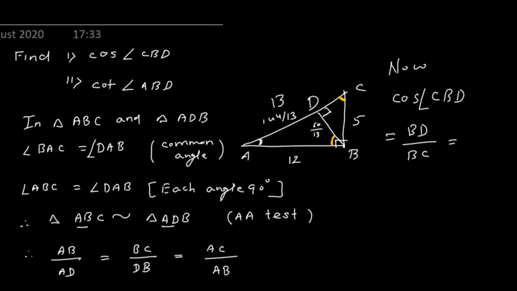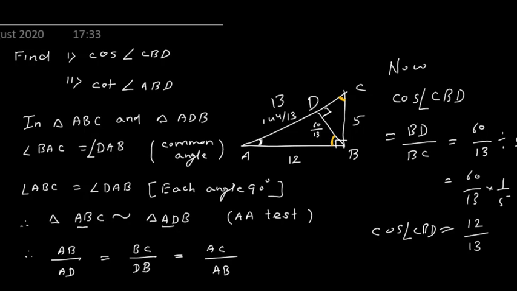So value of BD is 60 upon 13 divided by 5. So this is 60 divided by 13 into 1 upon 5. So 5 1s are 5, 5 2s are 10, 12 upon 13. So this is the value of cos of angle CBD.